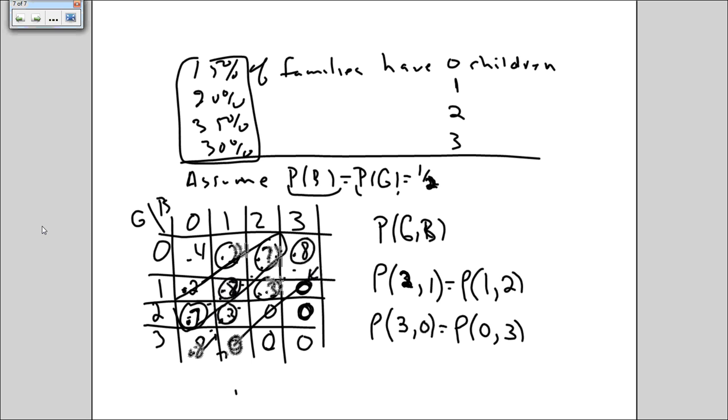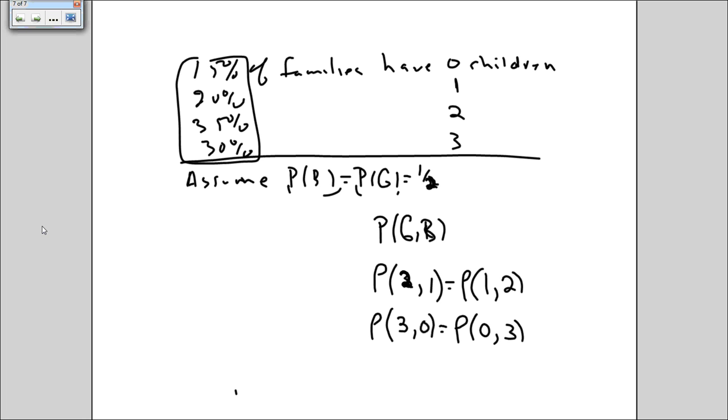If another student reads from the top right down to the bottom left, they'll say the same three numbers, 0.7, 0.8, 0.7. It's symmetrical. So that should help us a little bit in filling in this table. We only have to find a little bit more than half.